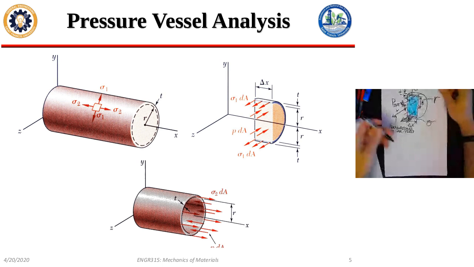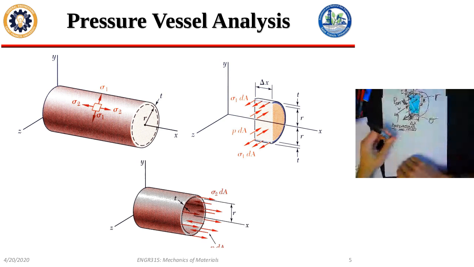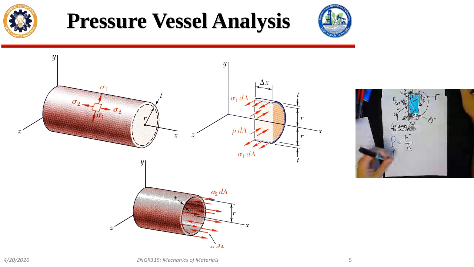There we go. So we know that pressure is just force over area. So if I know the area and I know the pressure, I can get the force it's going to create. What's the area of that rectangle? 2r delta x. Sweet.